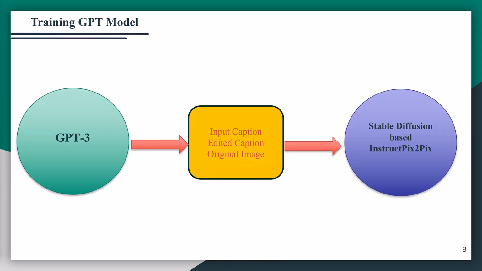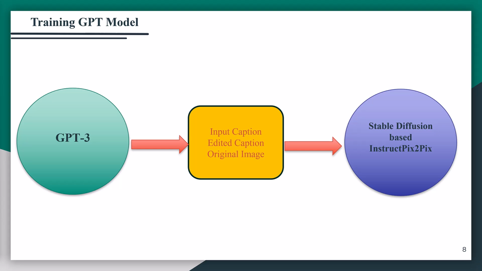Once GPT-3 is trained, we only input a caption into the model. The model then outputs an edit instruction and the final caption. Around 450k captions were generated this way, which will now be used to train a Stable Diffusion model.